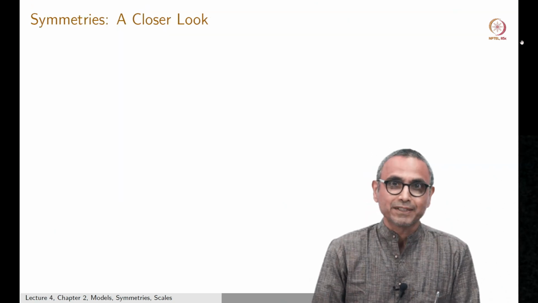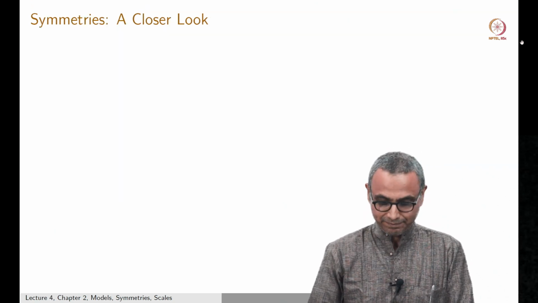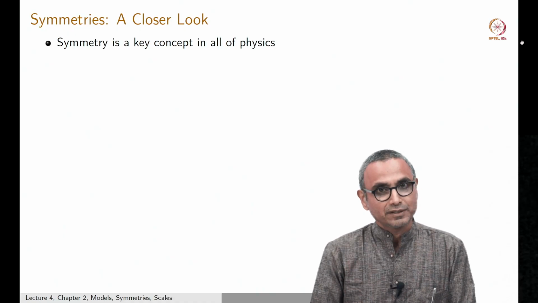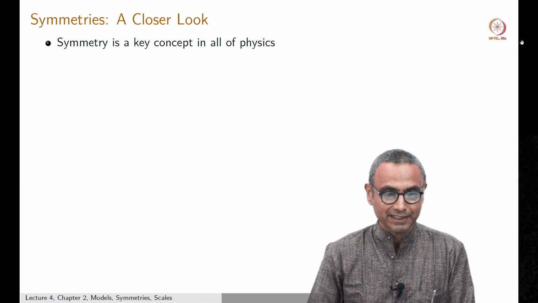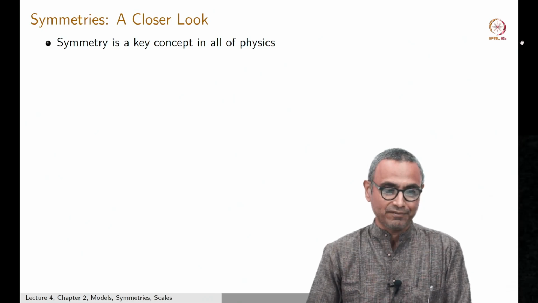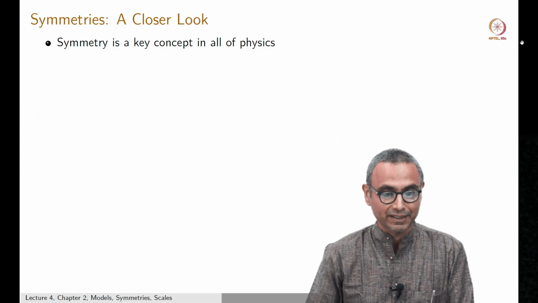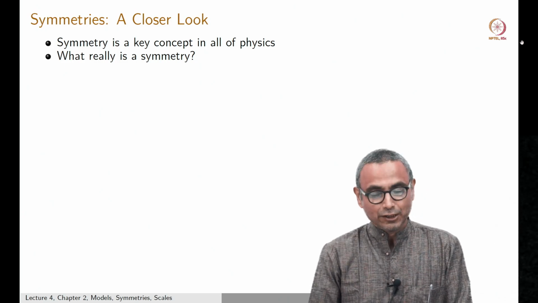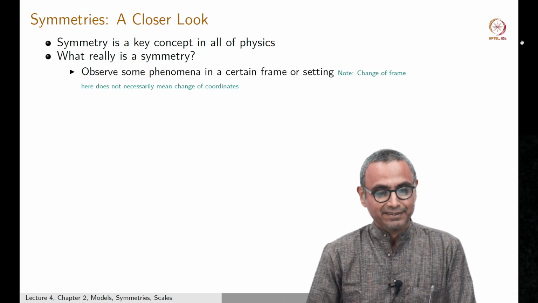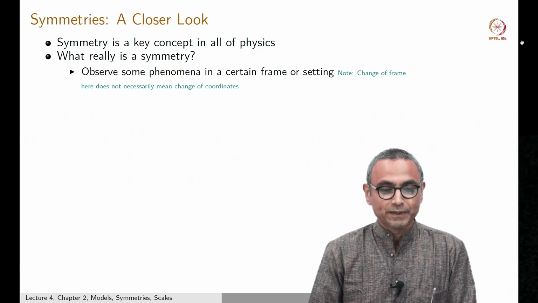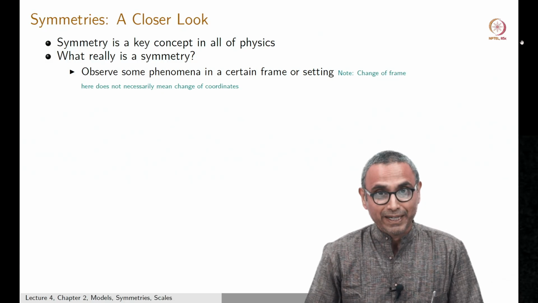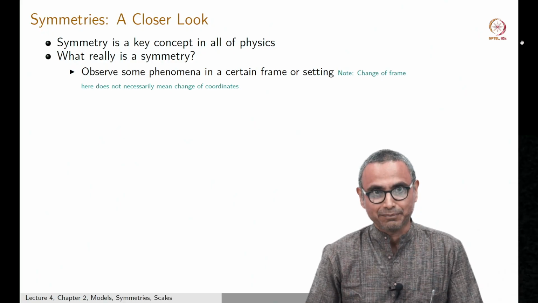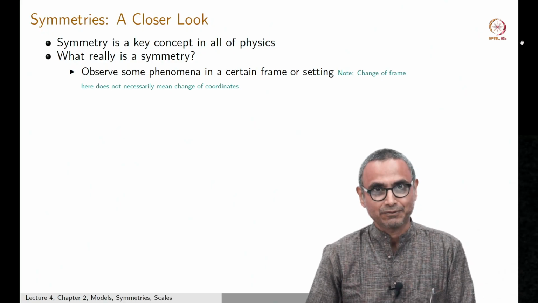Okay, let's start with the discussion of symmetries. Obviously, all of us know this. Symmetry is a very important concept in all of physics. We have been taught this in very early undergraduate courses. So naturally, what is really a symmetry? What we do is we observe some phenomenon in a certain frame or a setting, and by a frame here I don't necessarily mean a coordinate system, and it will become clear as we go along.